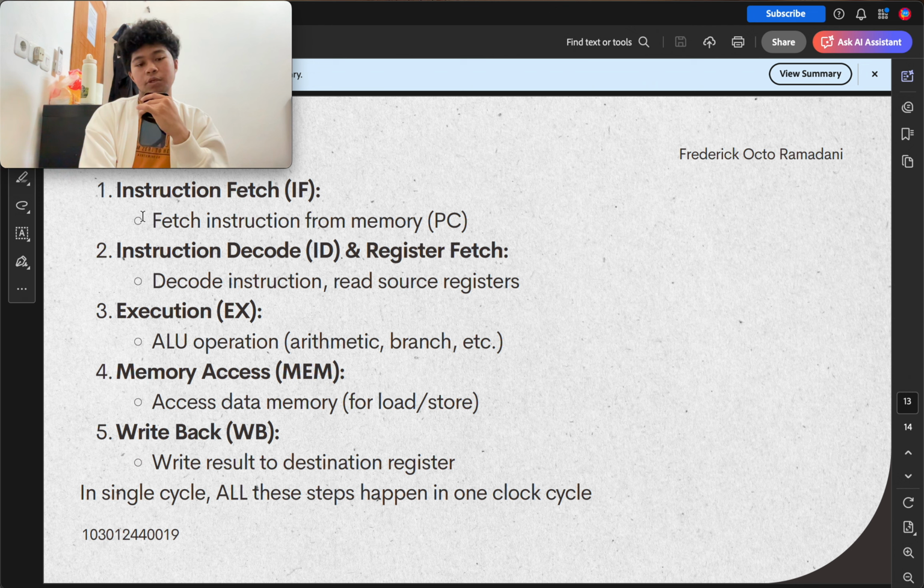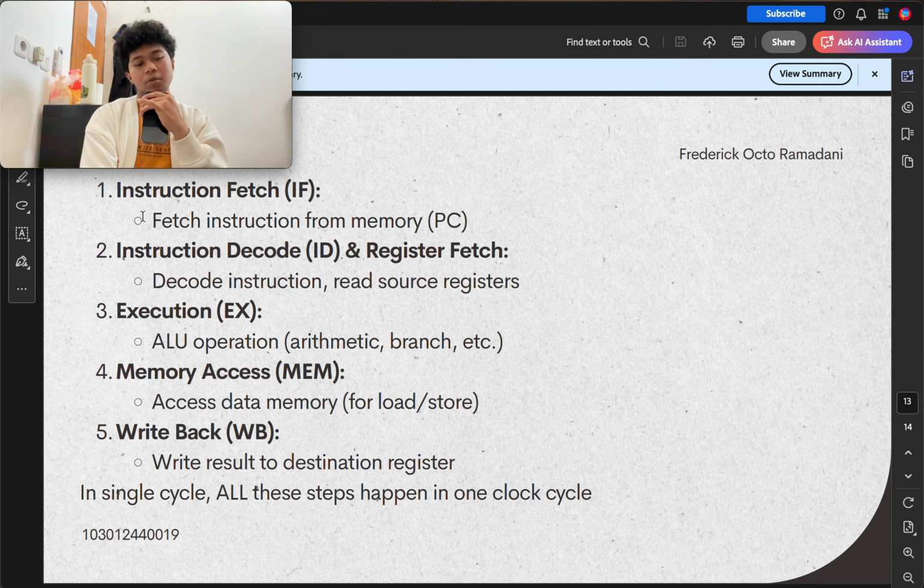Instruction decode and register fetch: the instruction is decoded and the required registers are read. The third one is the execution step: the ALU or arithmetic logic unit performs the needed computation or address calculation.